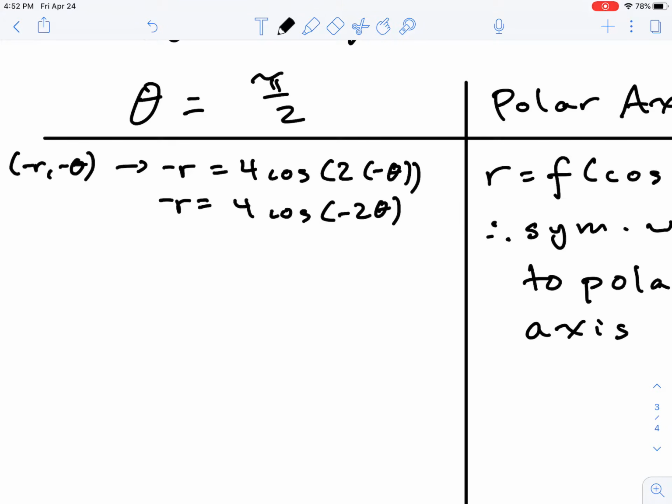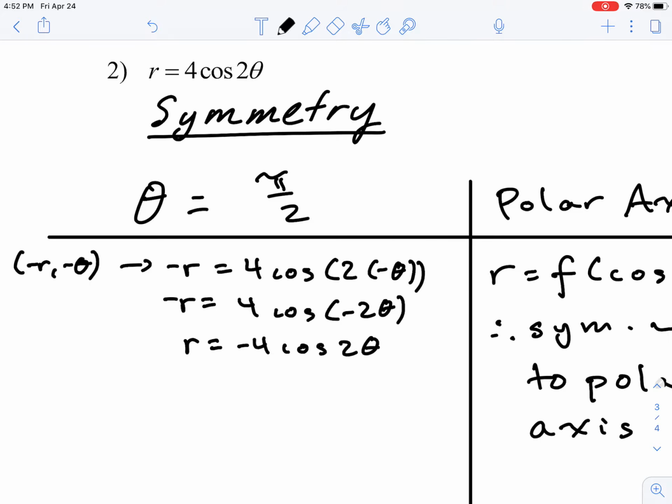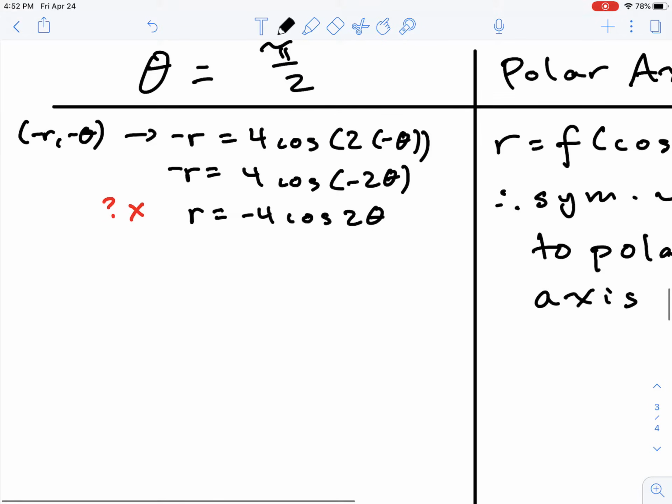And again, remember your even and odd identities: cosine of a negative angle is equivalent to cosine of that positive angle. So we can just divide everything by negative 1, and r is equal to negative 4 cosine of 2 theta. Compare this with our original equation, and so far it does not look like they're the same. So at first we might say no, but really we're just not sure because we haven't done the second test yet. So let's now check the other way.